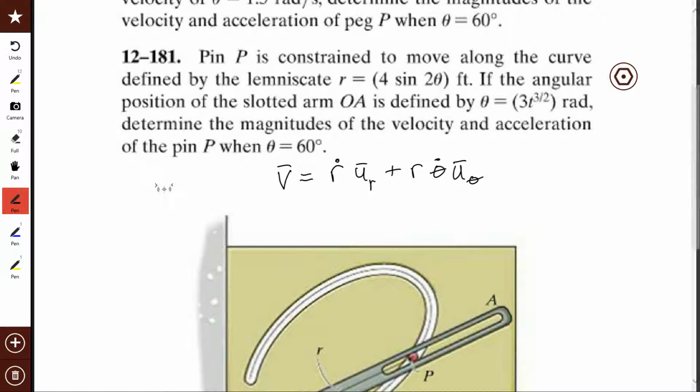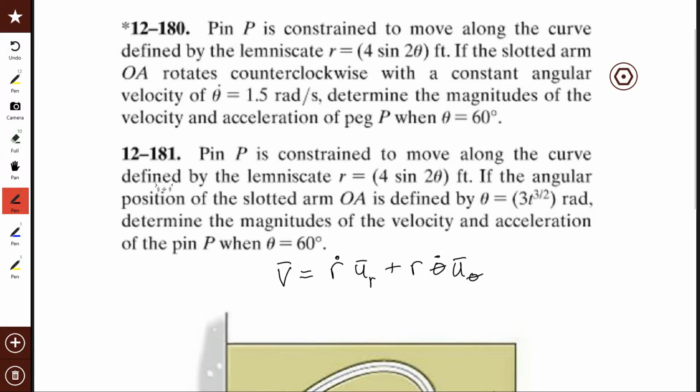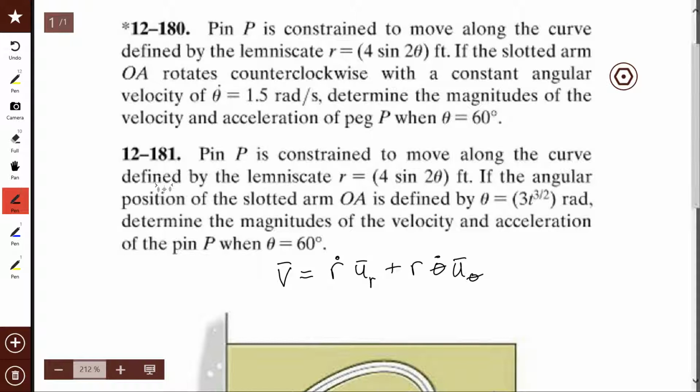So what I need to find is r dot and theta dot. In this particular case, they tell me what theta dot is. They say it's a constant of 1.5. So I'll just record that. Theta dot is 1.5. Since it's constant, I can take a derivative of this and find out that theta double dot is equal to 0.